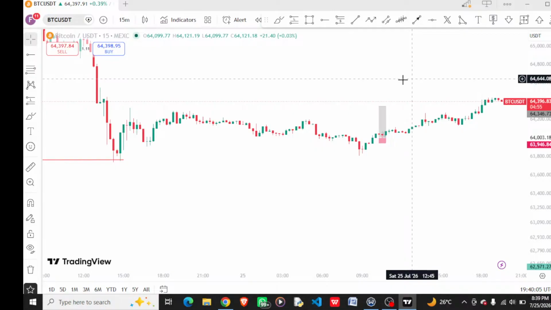So Bitcoin will tend to liquidate those guys before coming down to 63,000. Okay, let's check the price. Around this area Bitcoin is 63,570. That's the biggest liquidation right here.